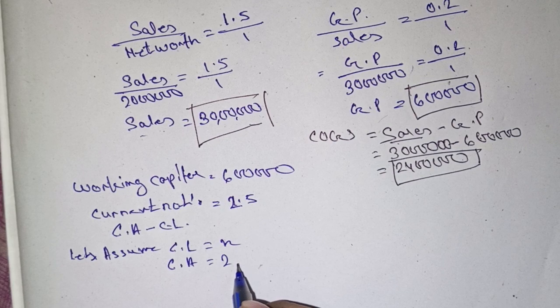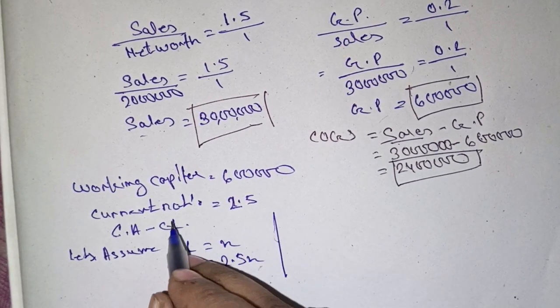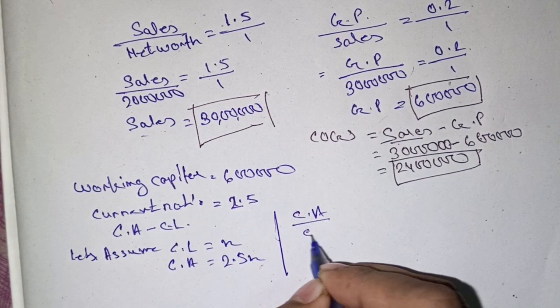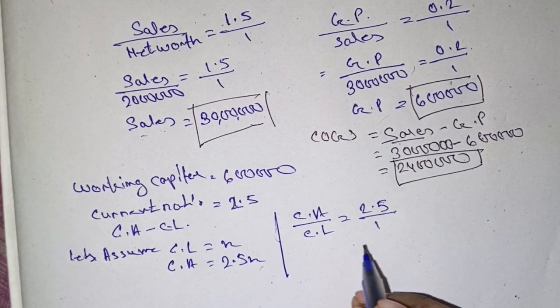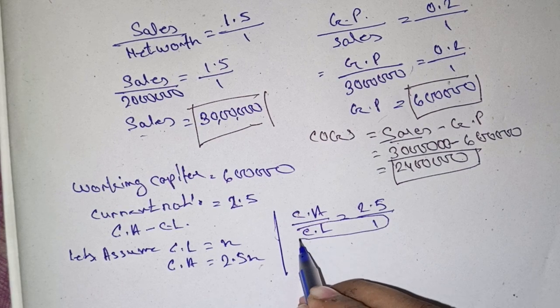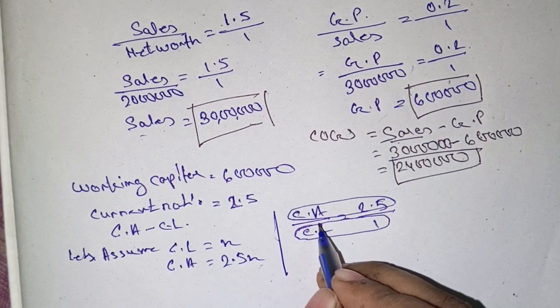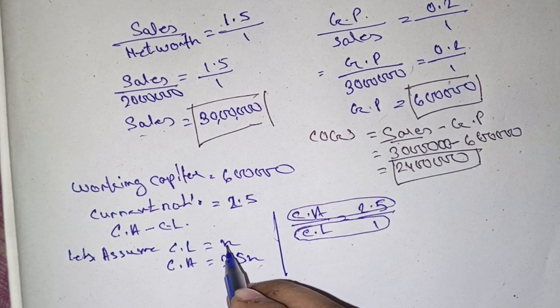2.5x. You can say it another way: current asset by current liability equal to 2.5 by 1. So now you can see our current liability is 1, our current asset is 2.5. That's why I assume that our current liability is x.